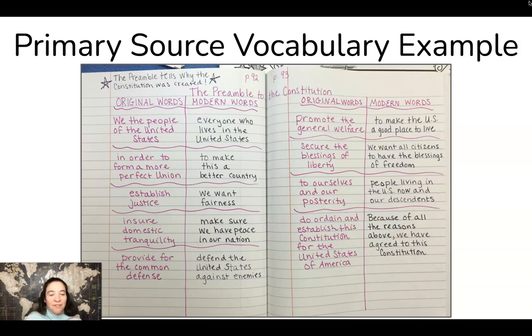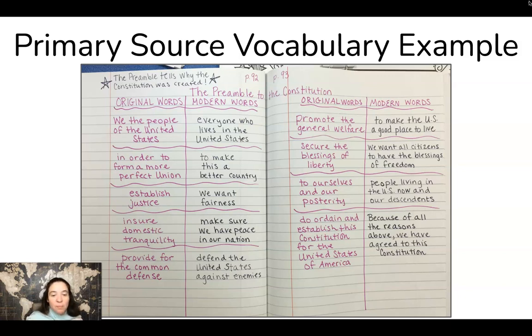Whenever you have a primary source that's heavy with vocabulary, definitely front load that vocabulary. Tell them what those words mean before they dive into the primary source, and that will help them to have much greater understanding and comprehension of that primary source.